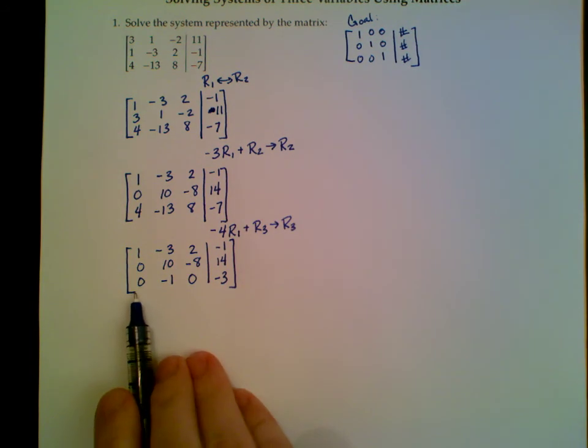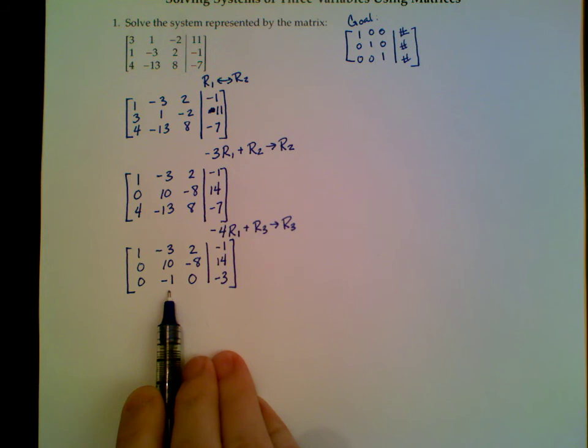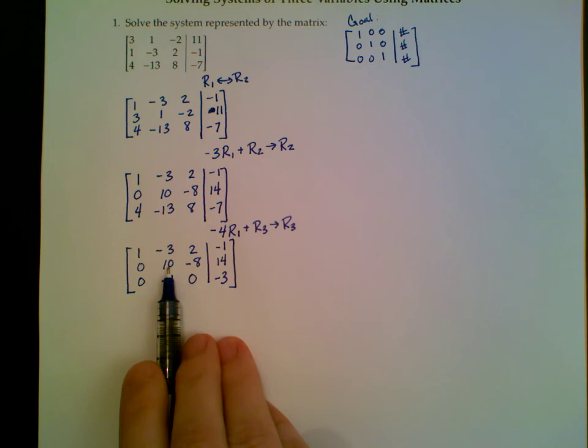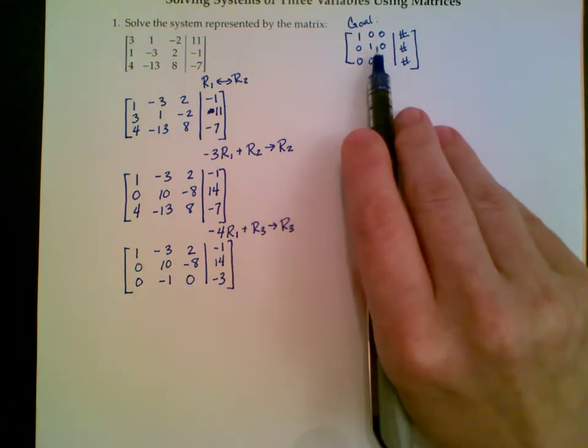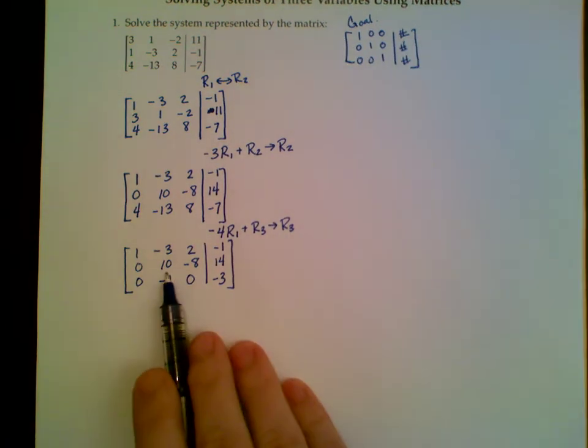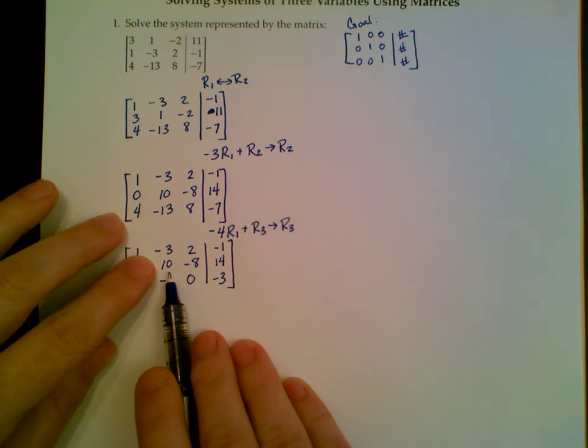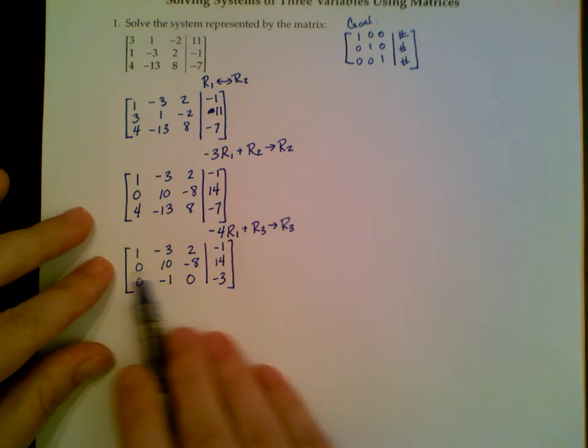So I'm going to turn my attention to my second column. I can turn this 10 into a 1, because that's where I want my 1 to be according to my goal form up here. I can turn that into a 1 by multiplying by 1/10.